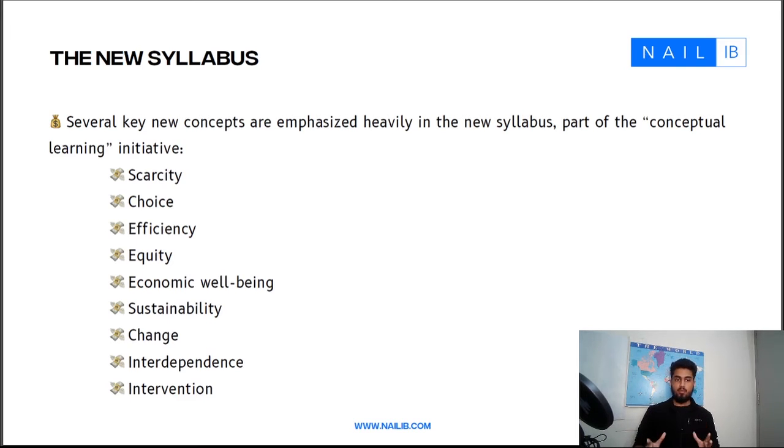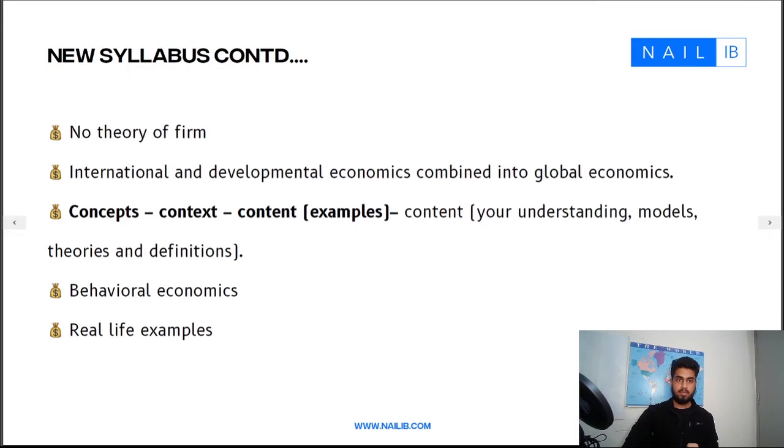Now, moving on, these new core concepts tie in with a more advanced syllabus. All right. Now, the syllabus has already undergone a change, as I've repeatedly stated before. There was something called theory of firm before that has been taken out, right? So it's just to ensure that students have a more streamlined and doable syllabus. They don't want to overburden you with a lot of chapters and whatnot, all right?